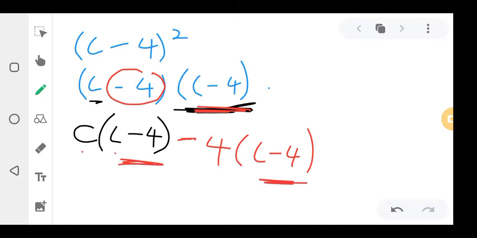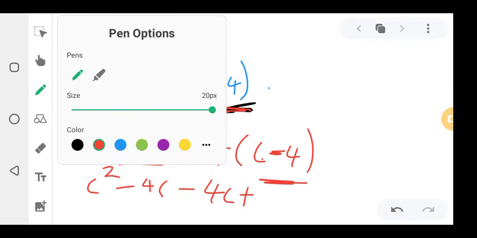And then c times c, c squared, minus c times 4, 4c, minus 4 times c, 4c, negative. This negative times this negative will give me positive here. This is where I'm making mistakes.